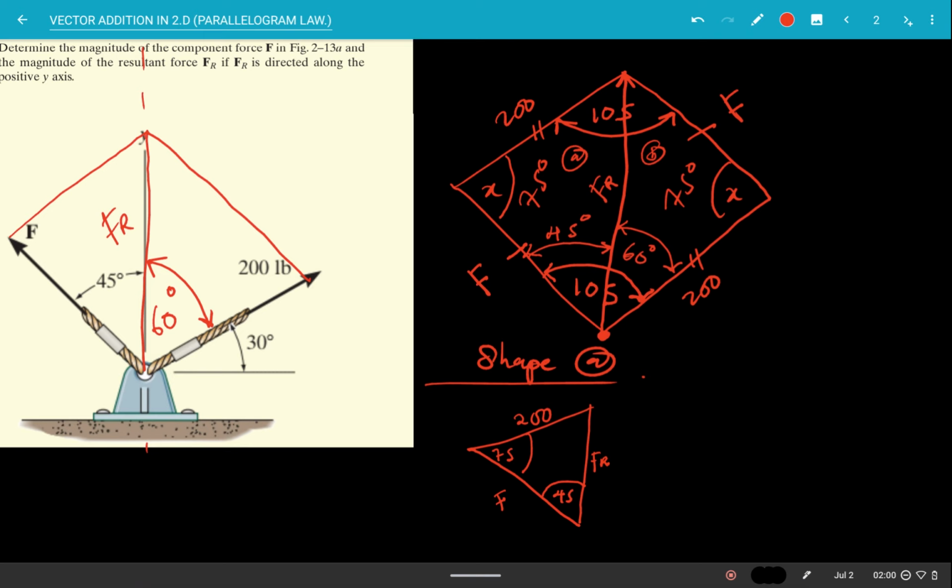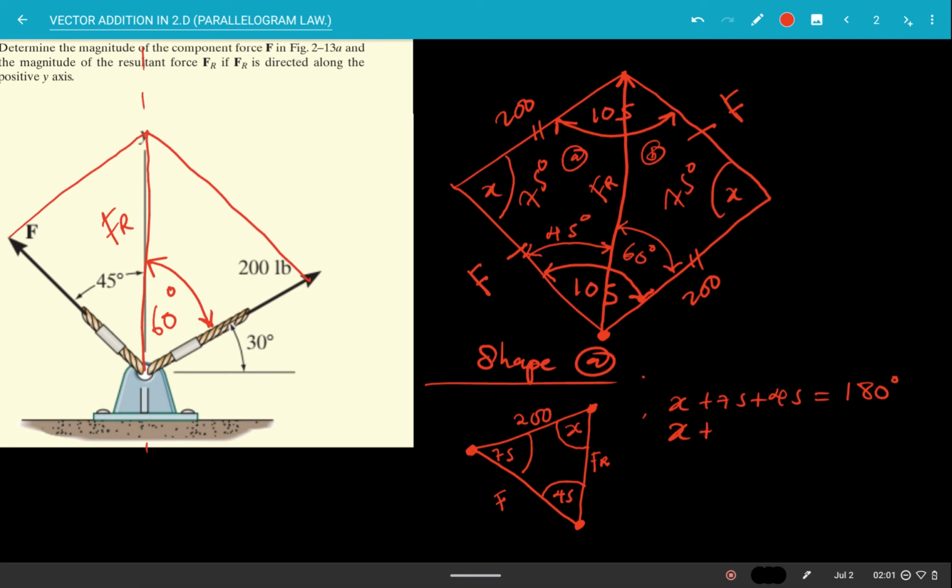So now I'm having two angles. Now remember, this is simply a triangle, and the interior angles of the triangle will add up to 180 degrees. Therefore, I can find the angle here, X. So my computation will say X plus 75 plus 45 should give me 180 degrees.